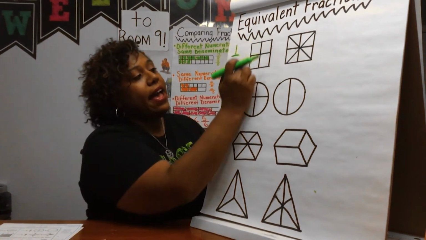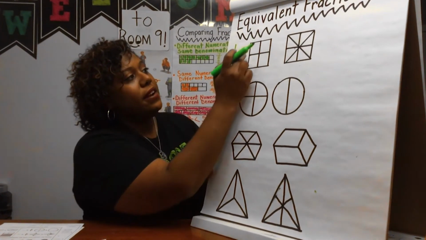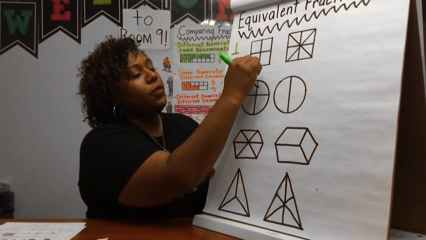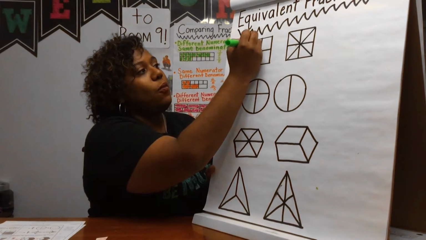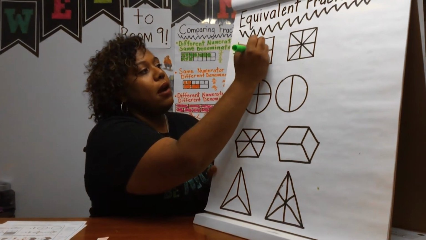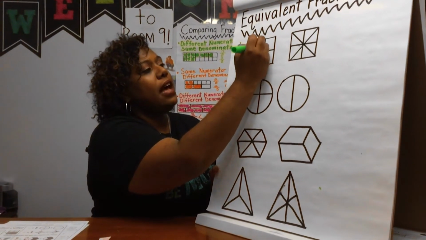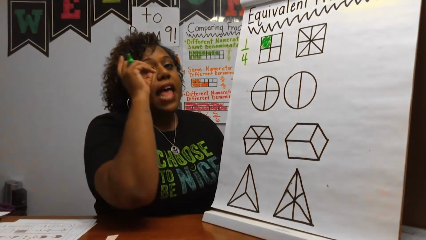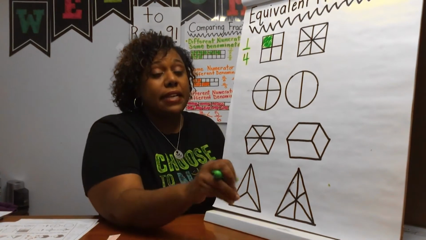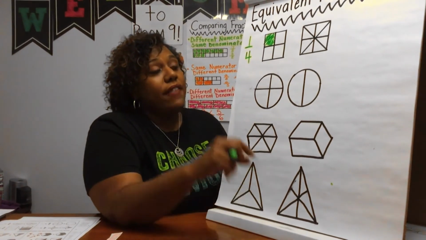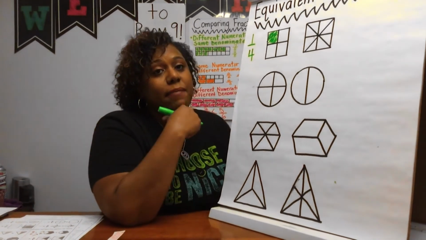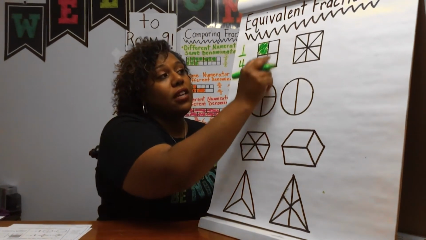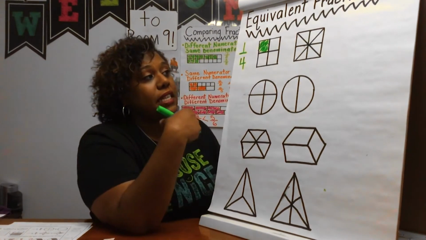So I have my square here, and I have 4 parts, 2, 3, 4, and I'm shading 1 part of 4. Now, when we talk about equivalent fractions, we are talking about having the same amount of space covered of a whole, even if the denominators are different, even if we have a different amount of our whole being placed into different parts.